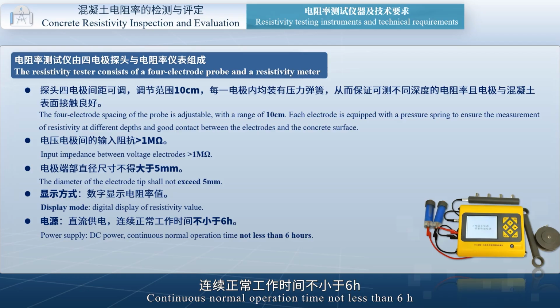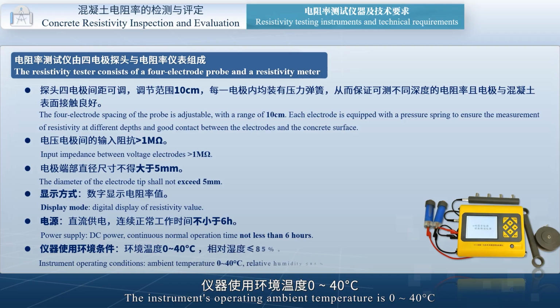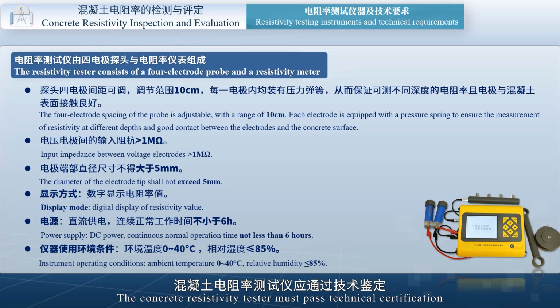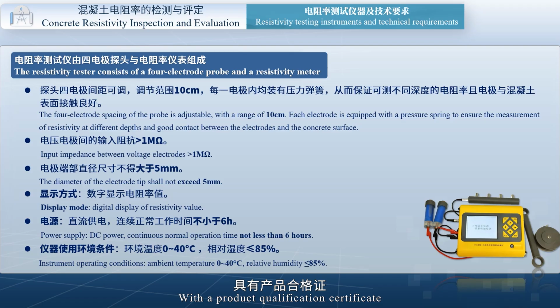Continuous normal operation time must be not less than 6 hours. The instrument's operating ambient temperature is 0 to 40 degrees Celsius. Relative humidity is less than or equal to 85%. The concrete resistivity tester must pass technical certification with a product qualification certificate and undergo regular metrological standard verification.